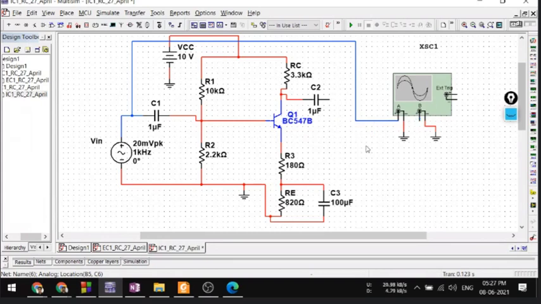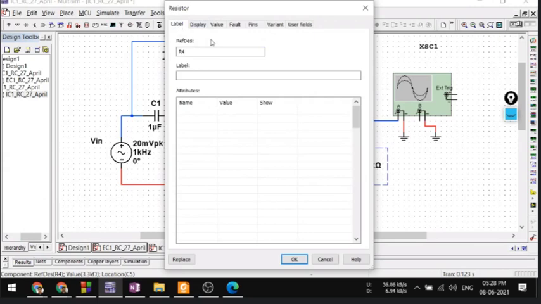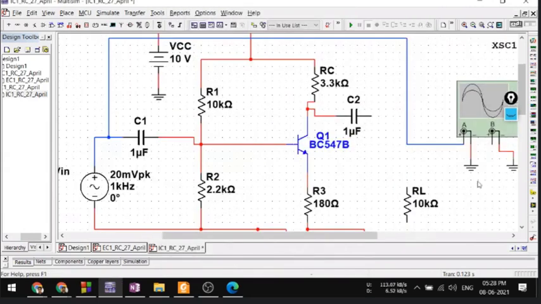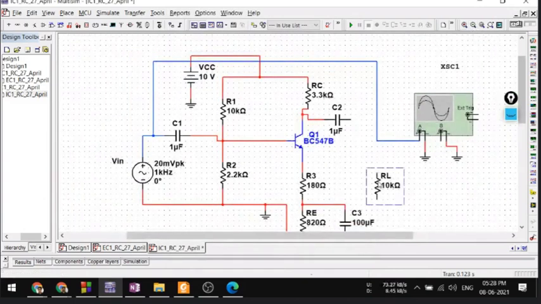You will get a slight variation in the readings and calculation because here you can connect RL, a resistance of let me say 10k, labelled RL. But without RL it is also fine. If it is given in the book, you can go with that one.